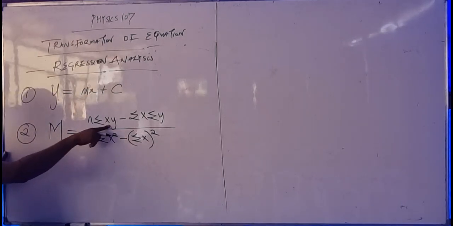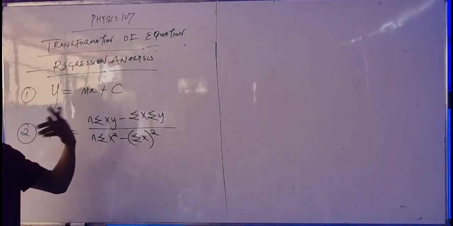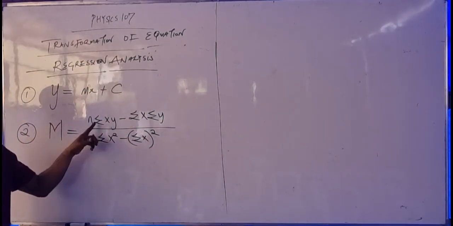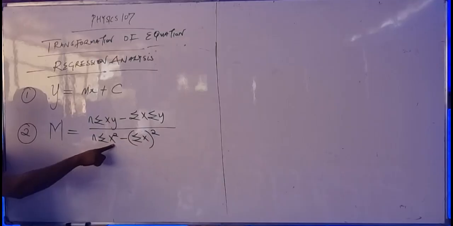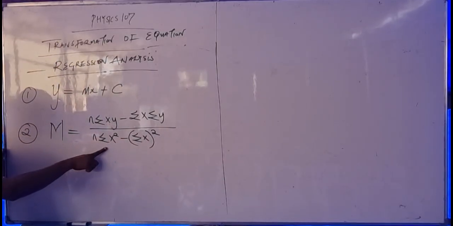Sum of xy means you multiply your x, the independent variable, by y, the dependent variable, to get xy, then add up all the xy to give you the sum. Then x squared means we square all the values of x, and sum x squared.